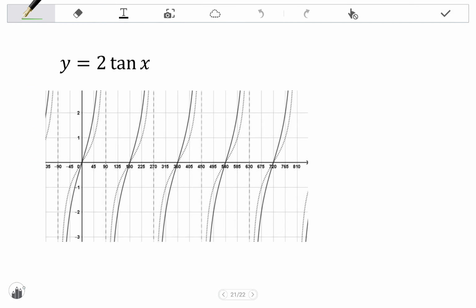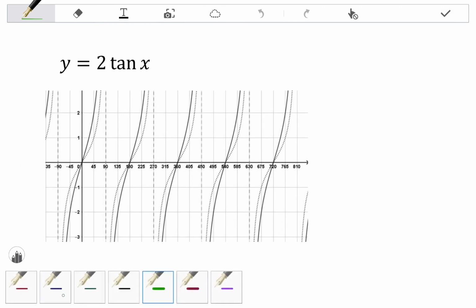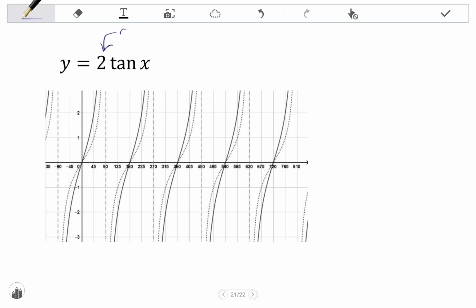Now we look at y equals 2 tan x. Now this 2 is our a value. Where the a represents the amplitude for sine and cosine graphs, a tan graph does not have an amplitude.